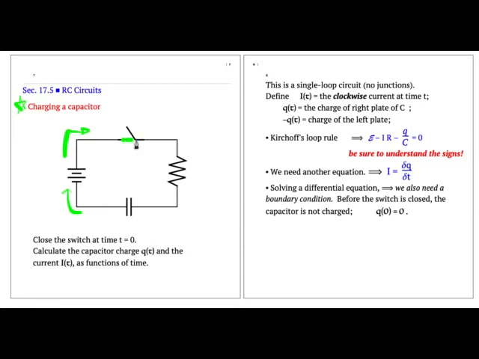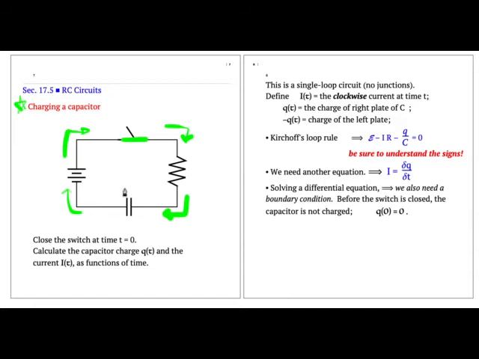The current will also flow around the circuit in this direction. Clockwise. So it will flow inside the resistor and then out of the resistor. And then it'll come to the capacitor.